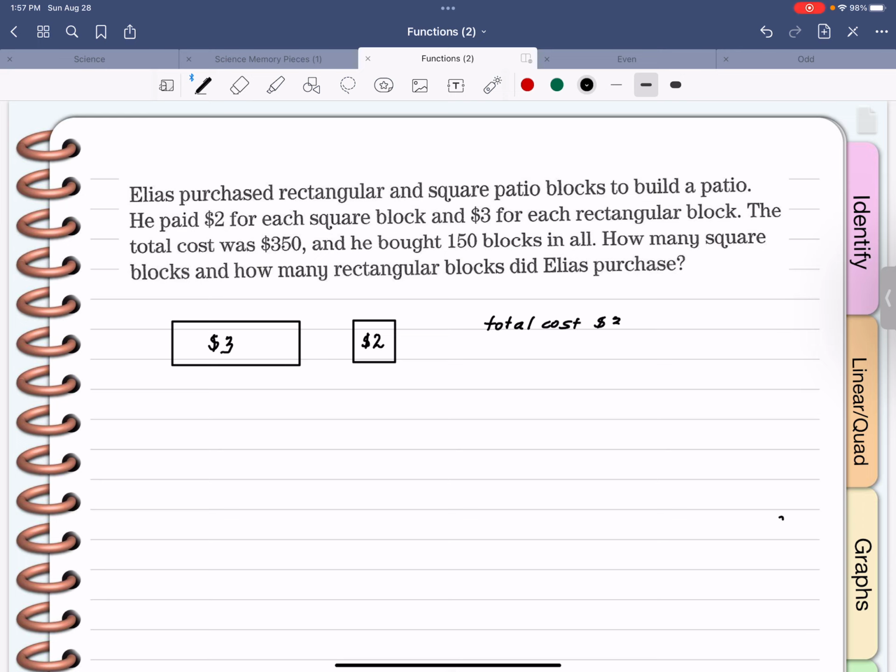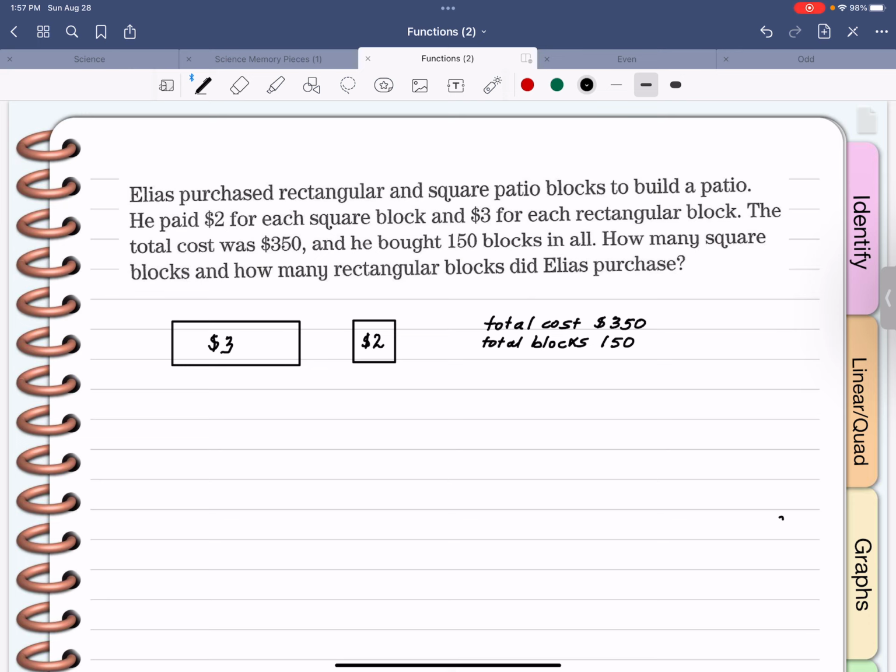And he bought 150 blocks in all. How many square blocks and how many rectangular blocks did Elias purchase?